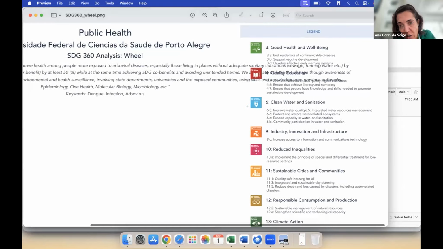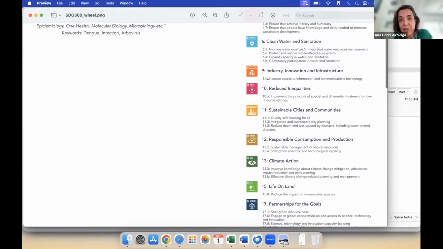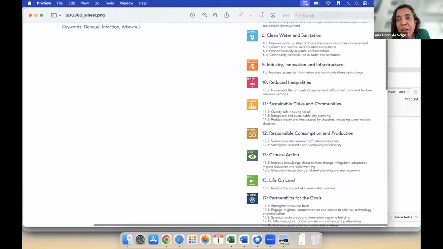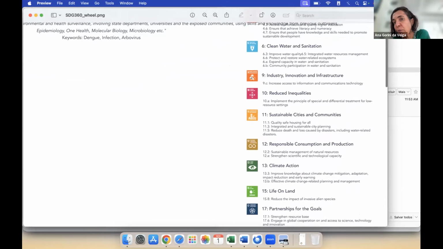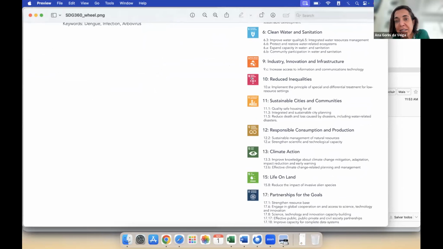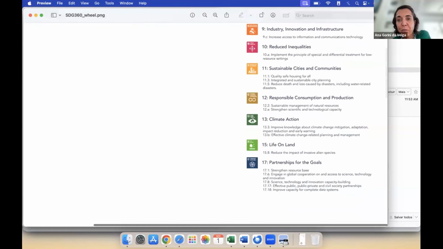Clean water and sanitation is another SDG that is related to arboviral disease. Industry, innovation, infrastructure for the development of adequate diagnostic assays and vaccines and sewage, etc. Reduced inequalities, because we know that people that live in the slums, in places with no running water, are more susceptible to being infected, with accumulating water and having the vector, and end up being bitten by mosquitoes that carry either dengue or chikungunya and even yellow fever.